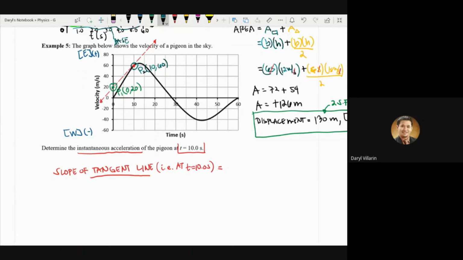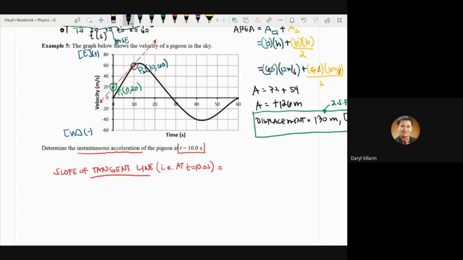Okay. After you have decided on those 2 points, don't worry if you have done this independently and get a different value. What I did here is approximating that particular tangent line. I did my best to create a line that only hits that particular point. Okay.